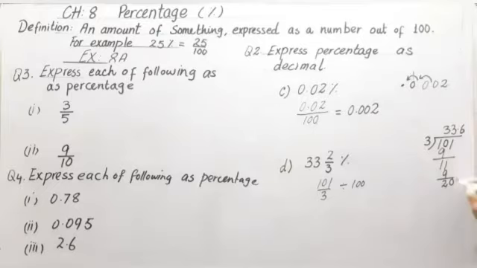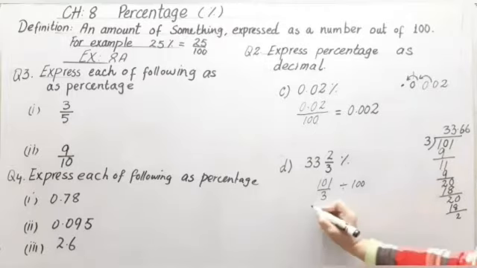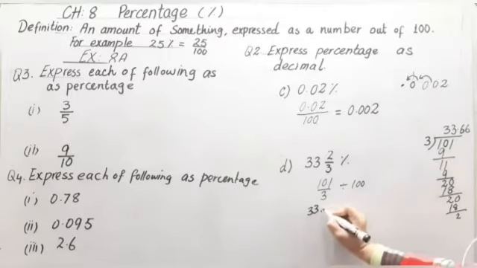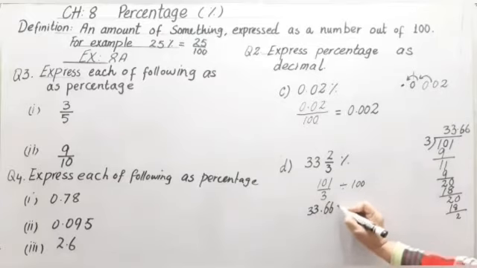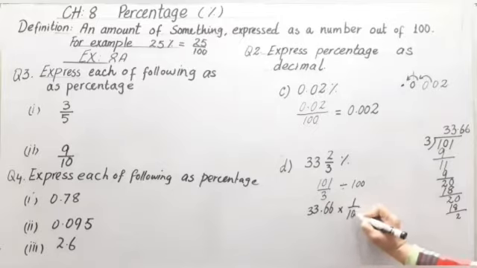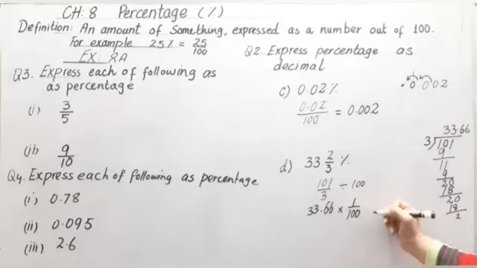3 6s are 18, remainder 2 and 0, and so on. It repeats 6 again and again, so we write here 33.66. When we change the multiplication into division, it will be the reciprocal of the number after the division sign.